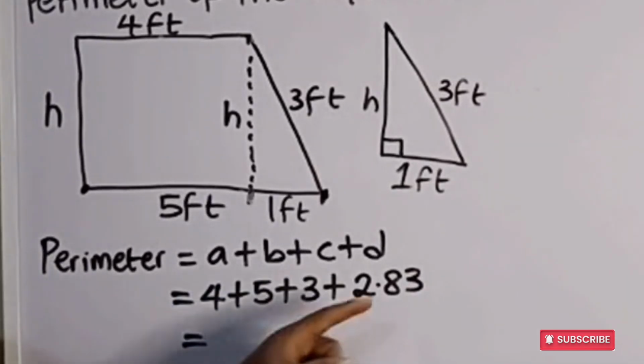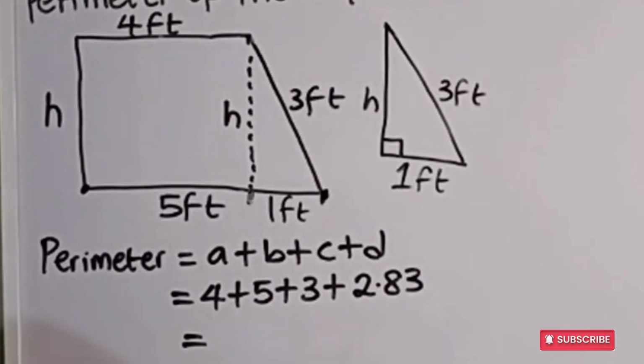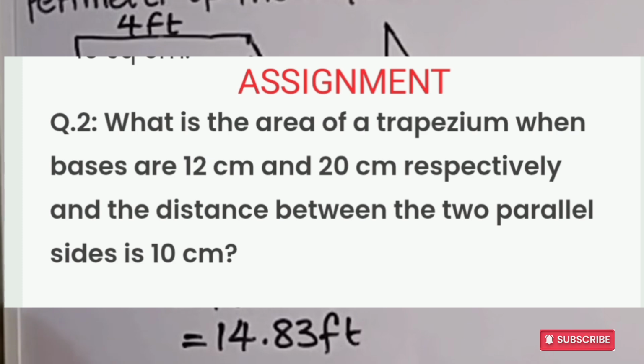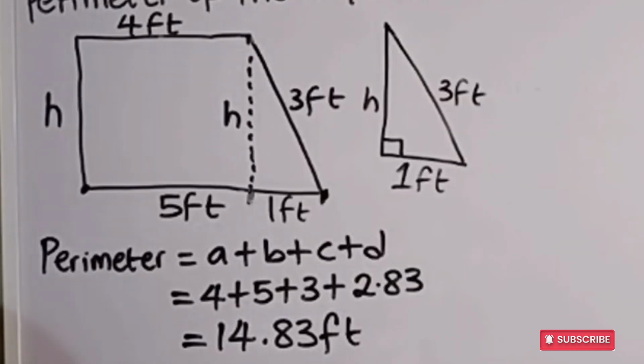If you add all these together, the value of the perimeter is 14.83 feet. You can see that when we are calculating the perimeter, we don't have squares. We only have a square when we are calculating the area, not the perimeter. So this gives us the answer to the question that we have here.